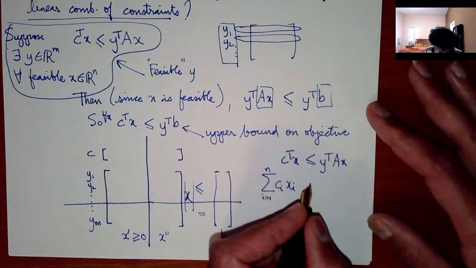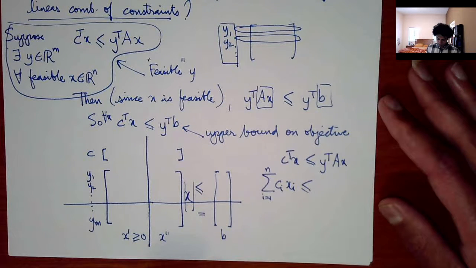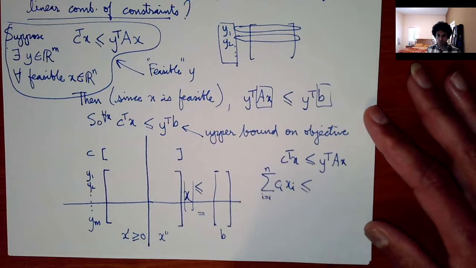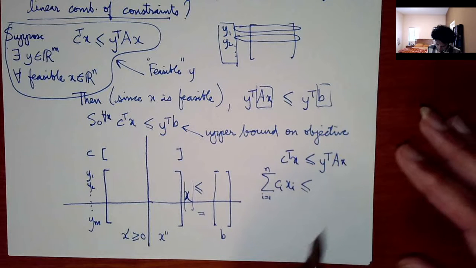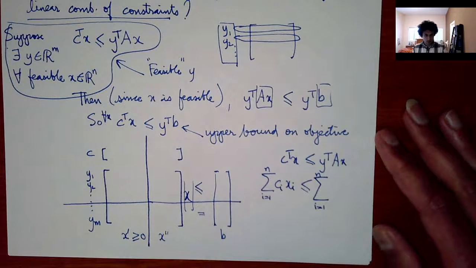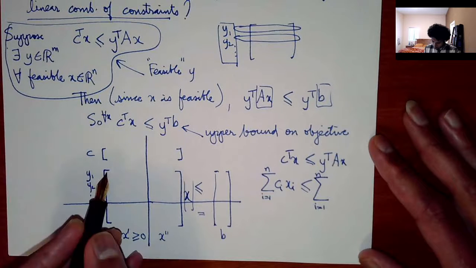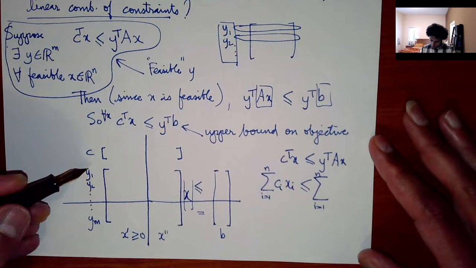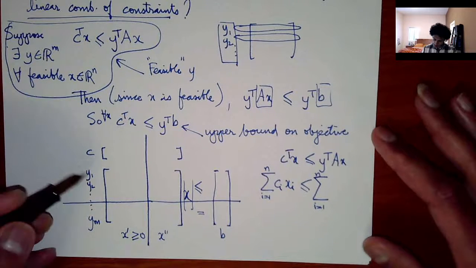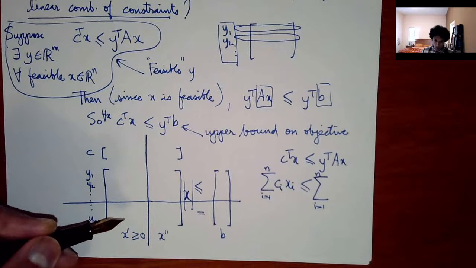And we want this to be at most, so I'm going to write this out now, y transpose Ax. Let's break that up into a sum going from 1 to n. If you open this up and sum it, you're looking at the dot product of the y vector with a column vector, and then you multiply that with x.